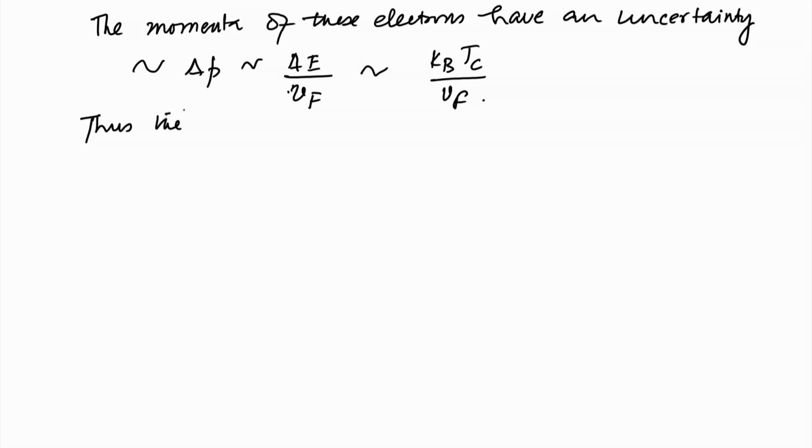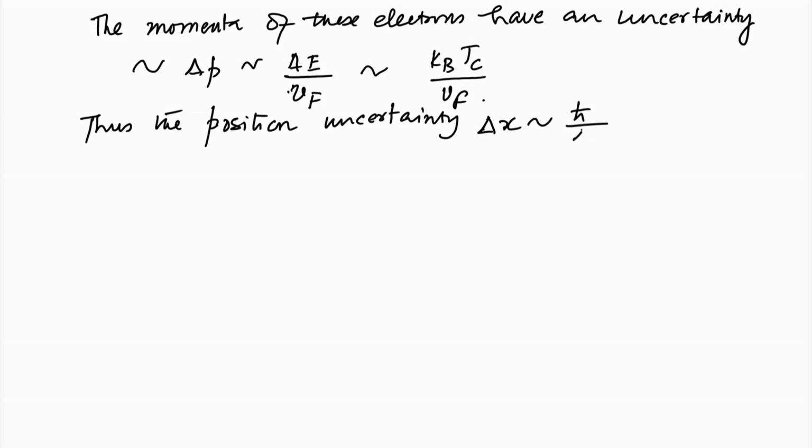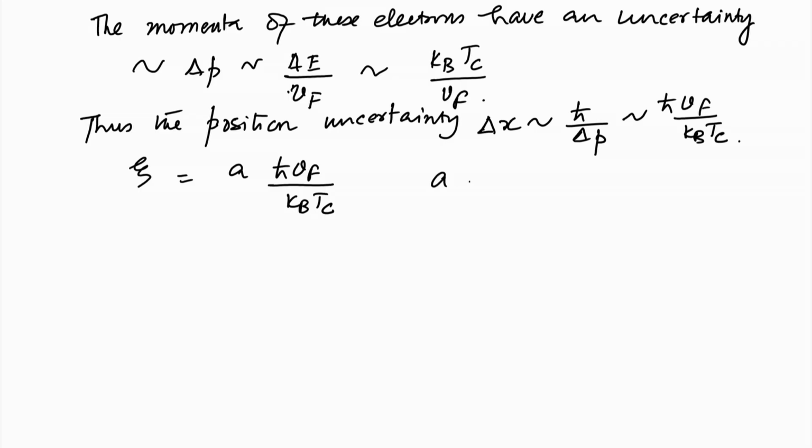The position uncertainty delta x is equal to h cross by delta p, h cross Vf by kTc, thus psi equal to A h cross Vf by kTc, where A is a number which is of the order of 1, and A equal to 0.8 in BCS theory.